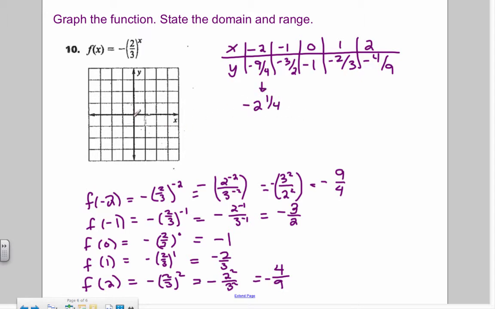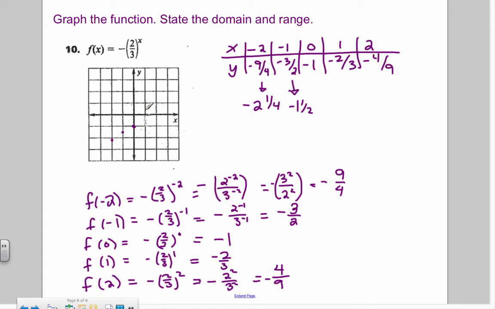Okay, so negative 2 and negative 2 and 1/4 is about right here. Again, I'm going to rewrite this as a mixed number. This is negative 1.5. So then I know that I have negative 1 and negative 1.5. There's my next dot. 0, negative 1. Negative 1 would be right there.